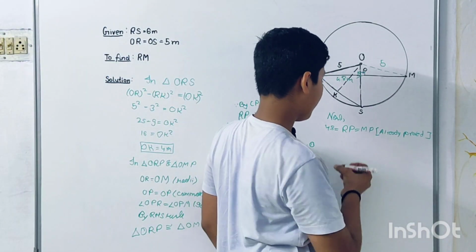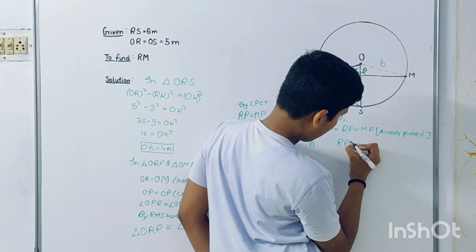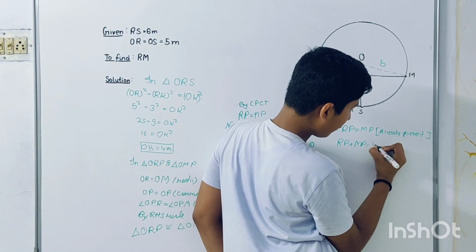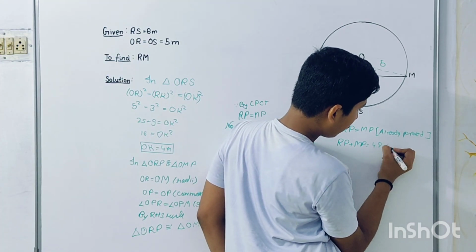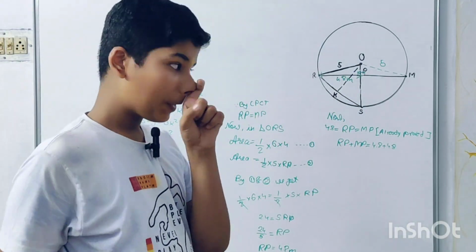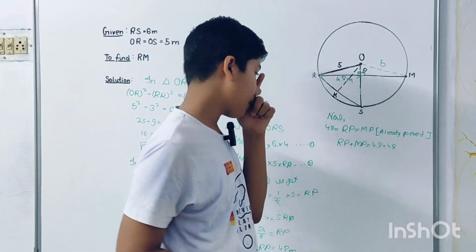RP plus MP equals 4.8 plus 4.8. Since these both are 4.8, we have added both of these and did twice of this.